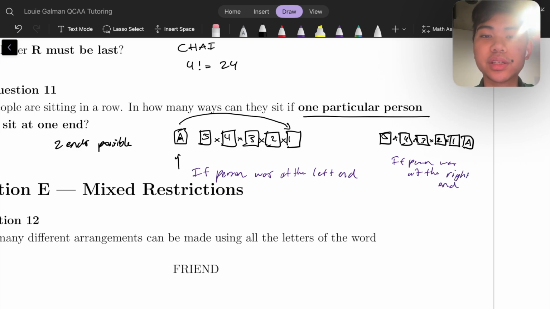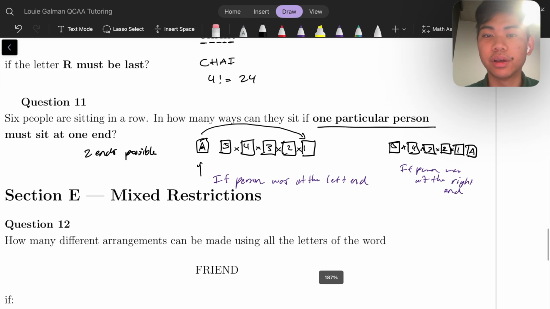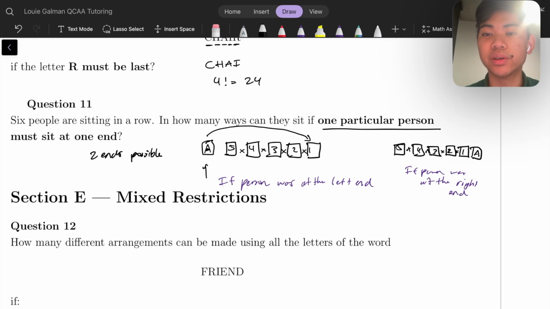So you can see here that we actually have double 5 factorial ways for these rearrangements to happen.